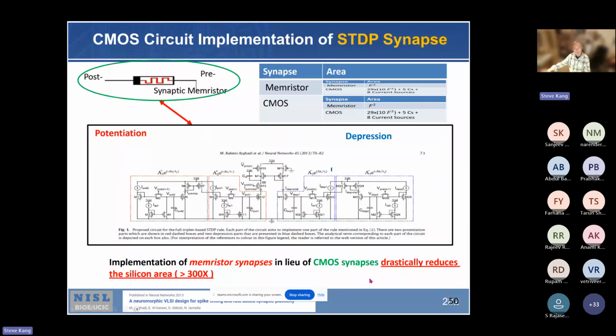In terms of area difference, it's a factor of 300 when you do that. So this shows why 300, for instance, memristor versus CMOS circuit. So that's the advantage of using a memristor as a synapse instead of this complex CMOS circuit, right?